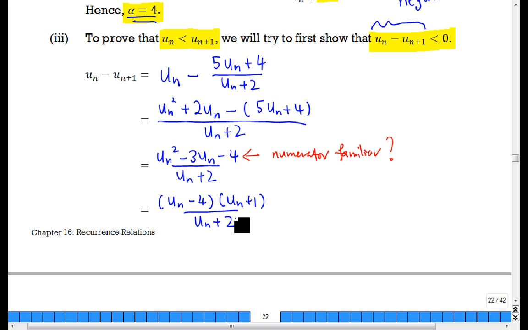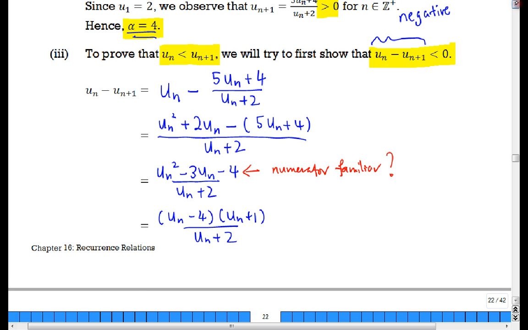Okay, I'm going to use an idea from when we solve inequality. Remember, we want to show that this thing is negative.